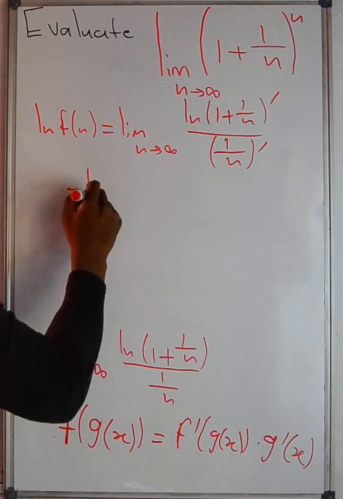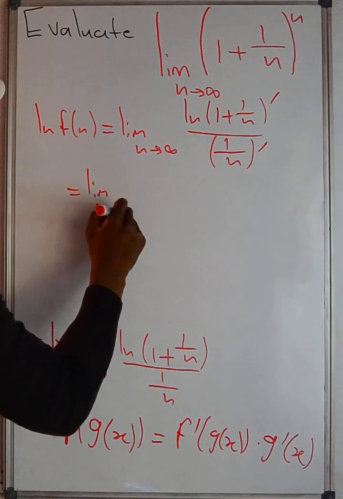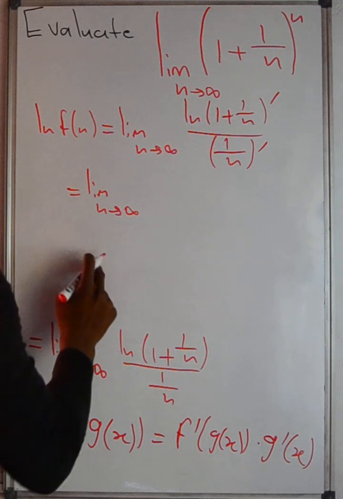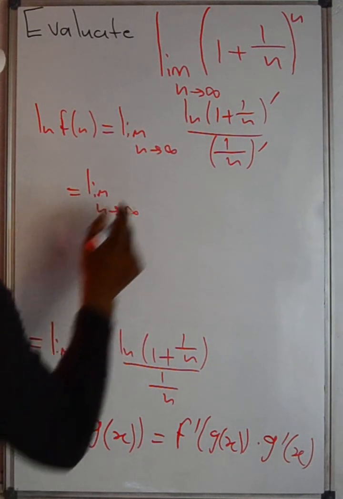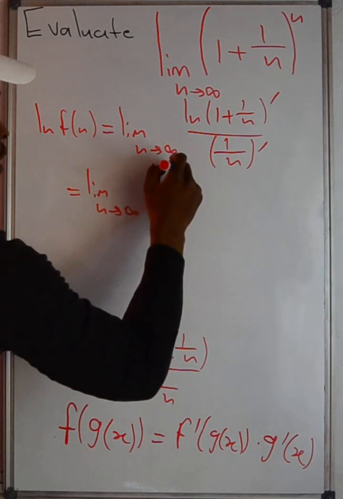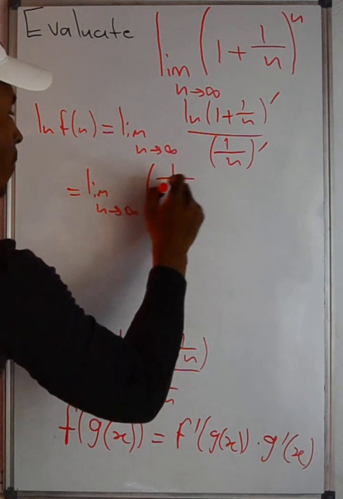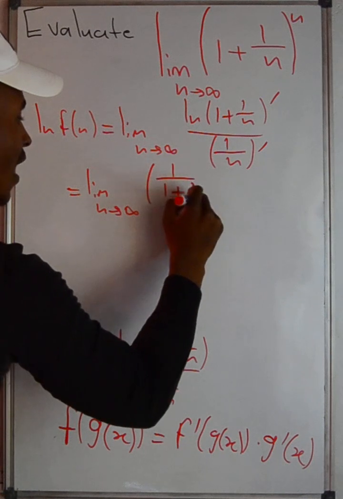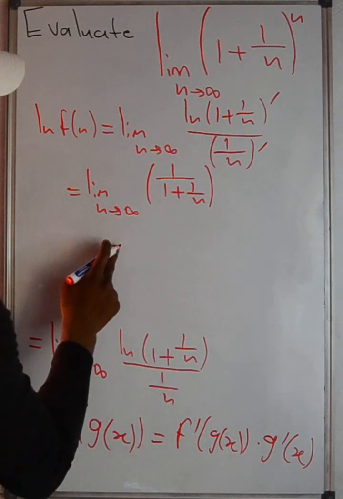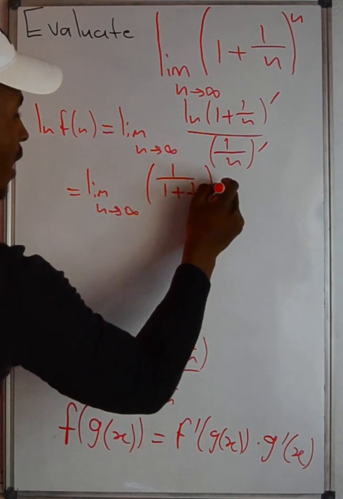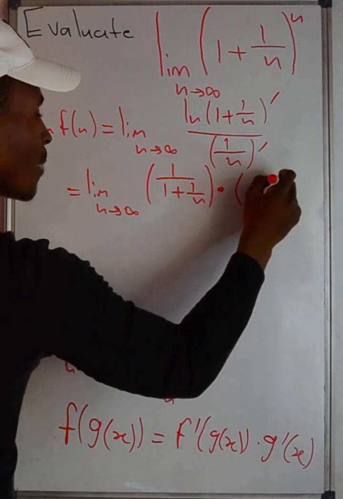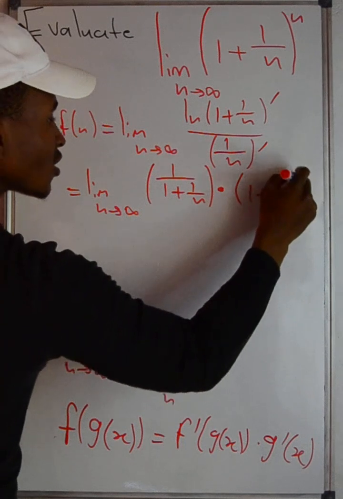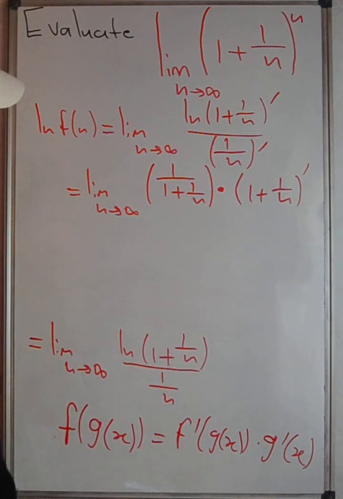So the limit of n approaching infinity is going to be the derivative of ln, which will be 1 over (1 plus 1 over n), multiplied by the derivative of the nested function.